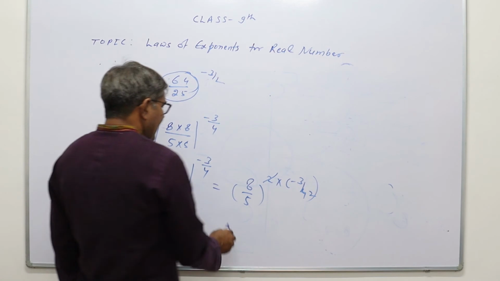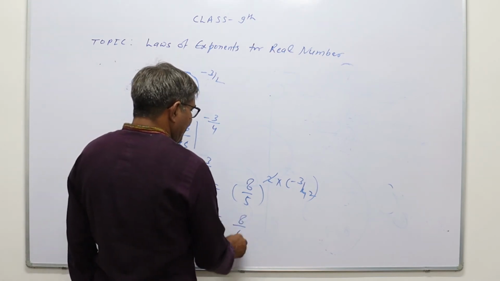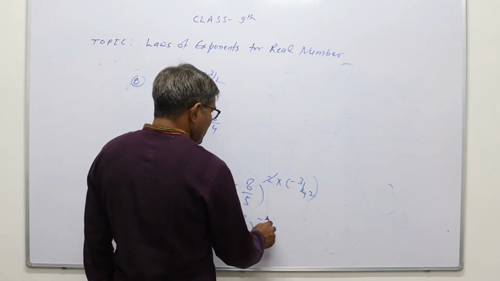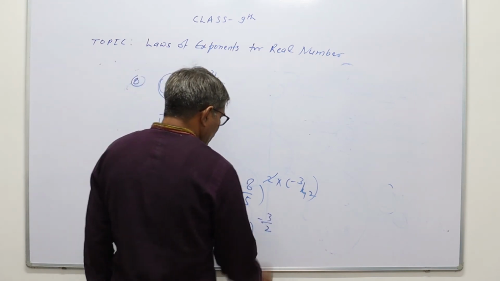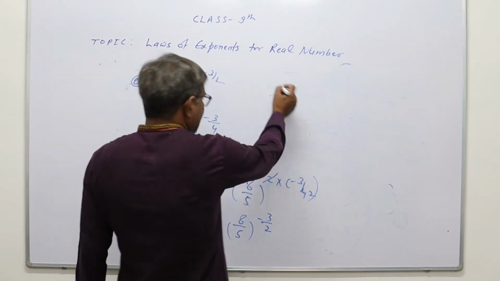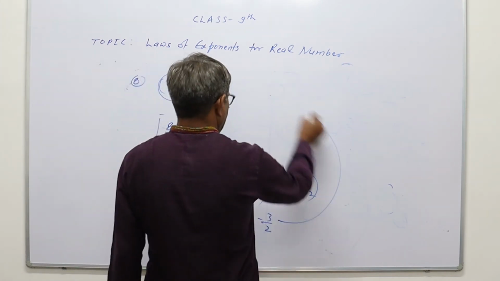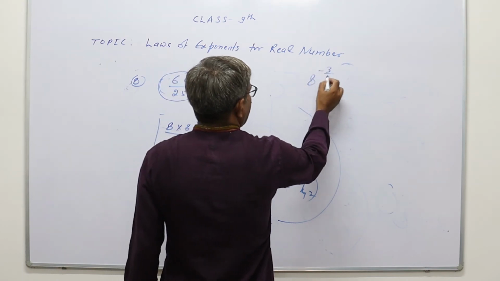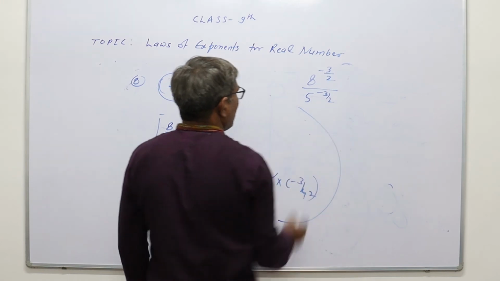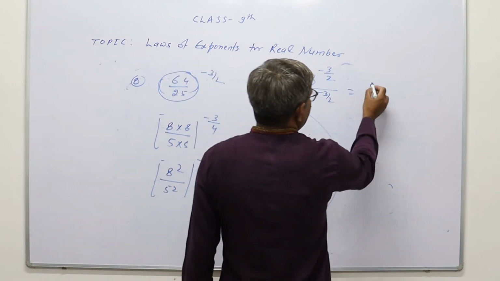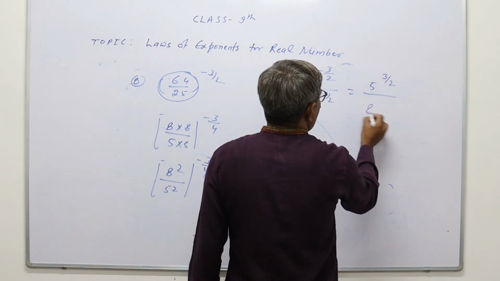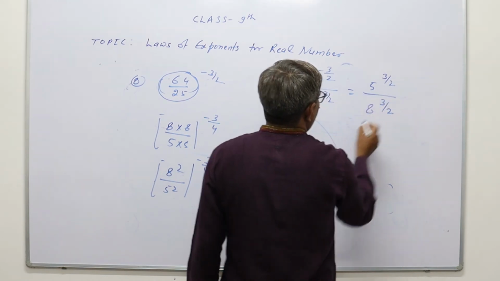So this can be written as 8 upon 5 whole power minus 3 upon 2. So in positive exponent it can be written as 8 power minus 3 by 2 whole upon 5 raised to the power minus 3 upon 2. It can be written as 5 raised to the power 3 upon 2 whole upon 8 raised to the power 3 upon 2.